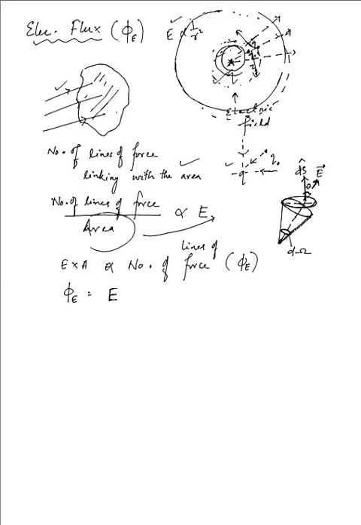So in order that this flux linkage is wholesome, this area vector has to be in line with that electric field. That means it has to be along this line, or conversely, the electric field has to be along that area vector.